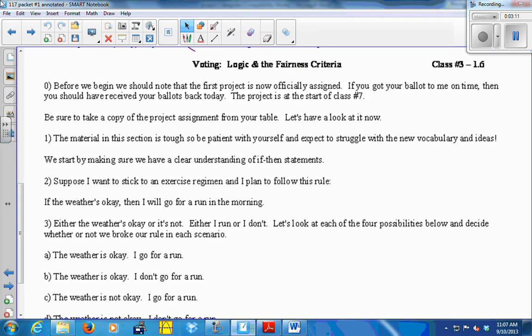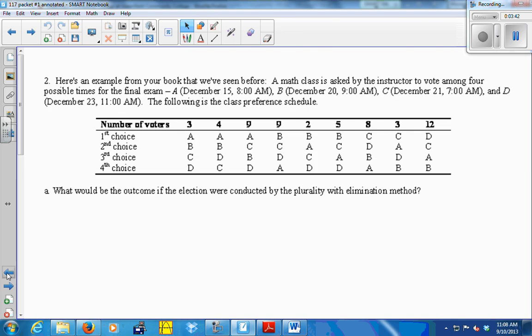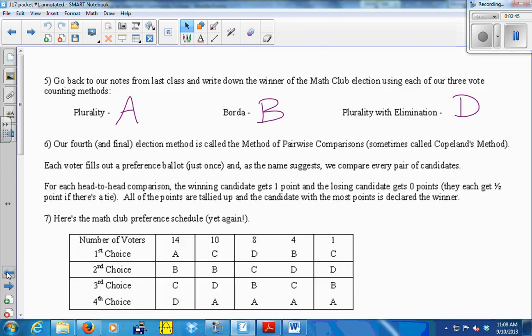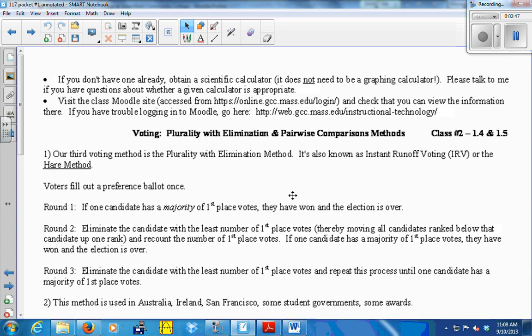Okay, so the material in this section can be tough. Last class we learned about plurality with elimination, and I had in parentheses, and I pointed it out, but I didn't harp on it.